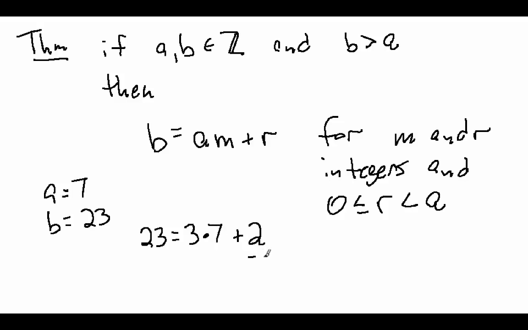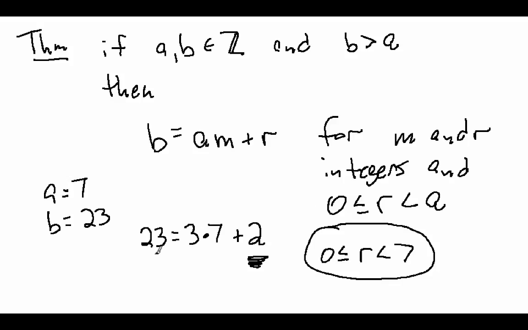In other words, the remainder here is always going to be between 0 is less than or equal to r is less than 7. No matter what number this is, if I divide by 7, I'm going to get a remainder that's between 0 up to and including 6. If it's 0, that means that the number actually divides it.